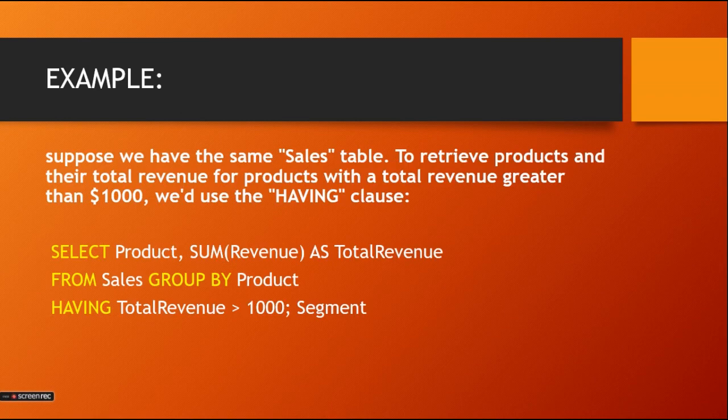SELECT product, SUM(revenue) AS total_revenue FROM sales, where sales is our table name, then GROUP BY product, then HAVING total_revenue > 1000. As I said, the HAVING clause is used after the GROUP BY clause. You can see it here.